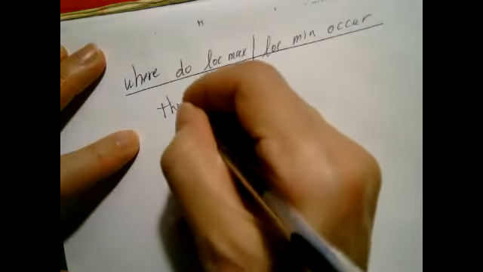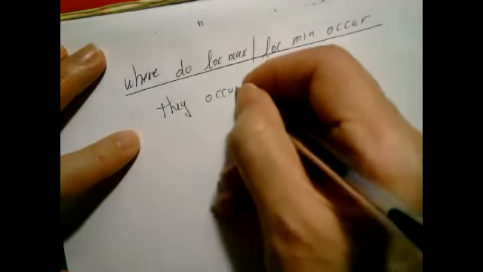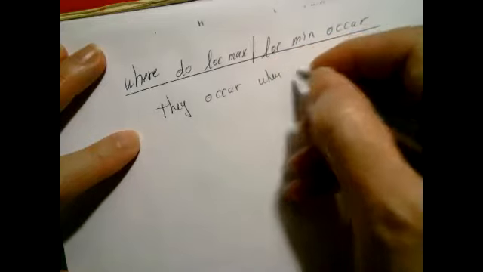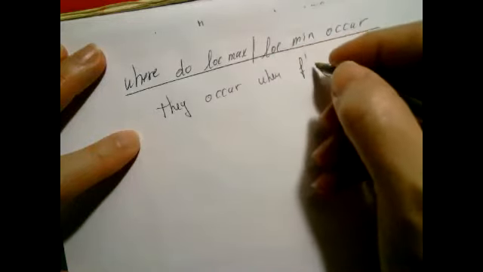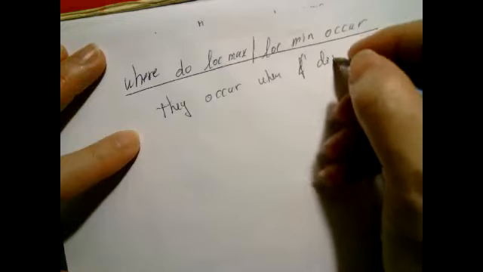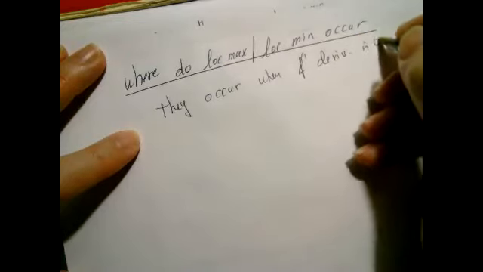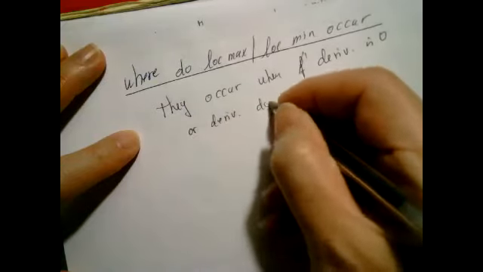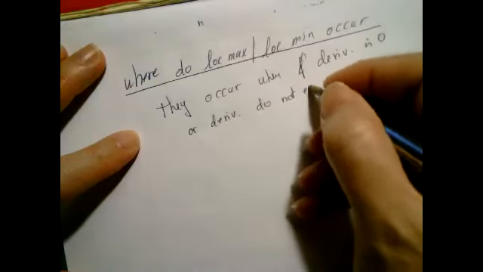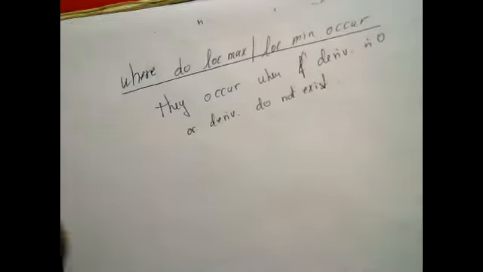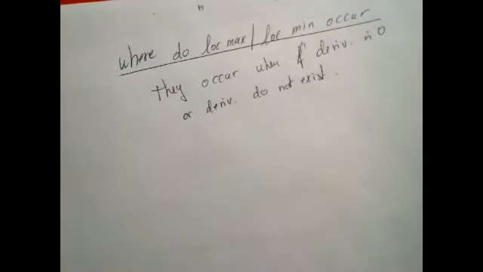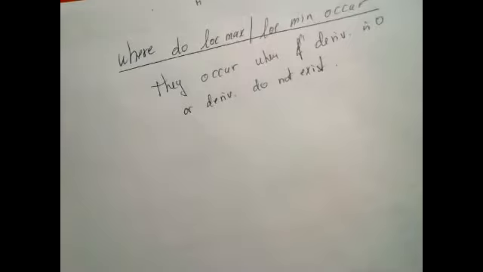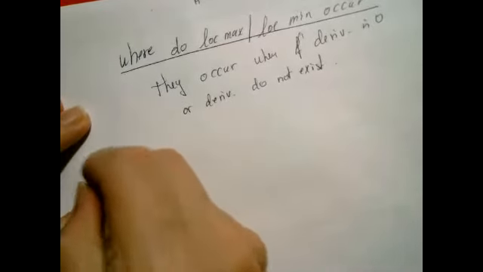From the picture we say they occur when the derivative is 0 or the derivative does not exist. That's really where they occur. And this is going to motivate the following definition of a critical point. So, definition.